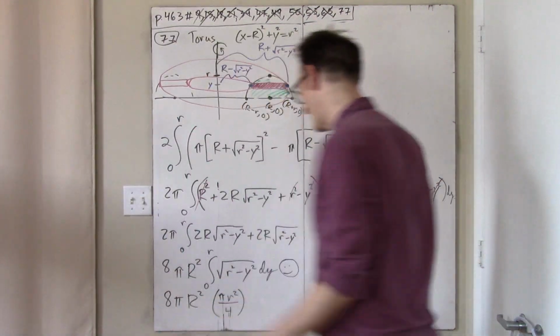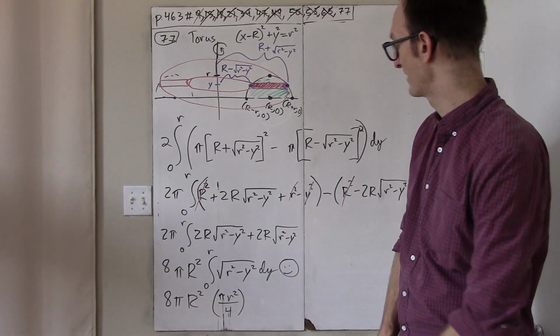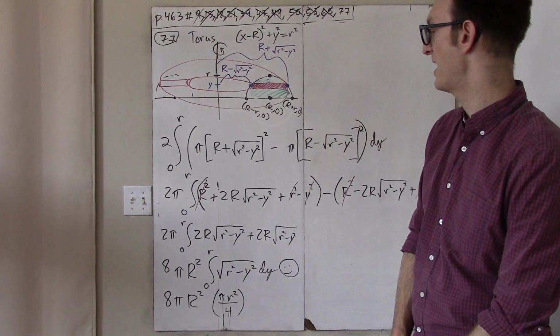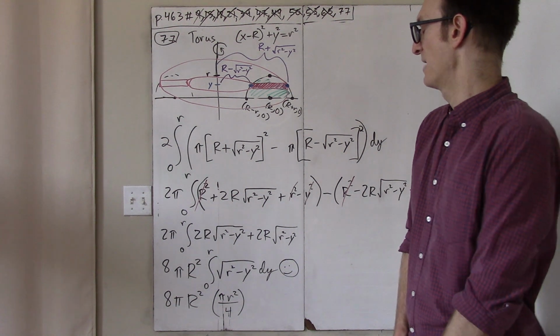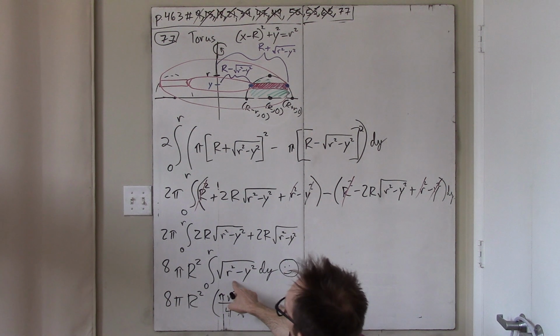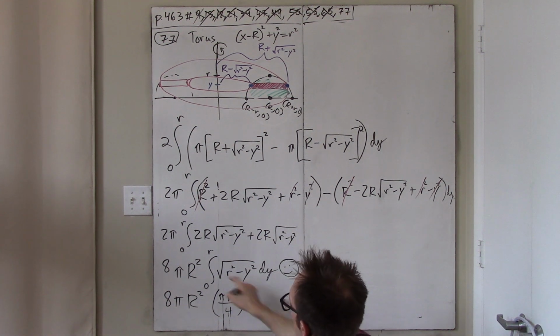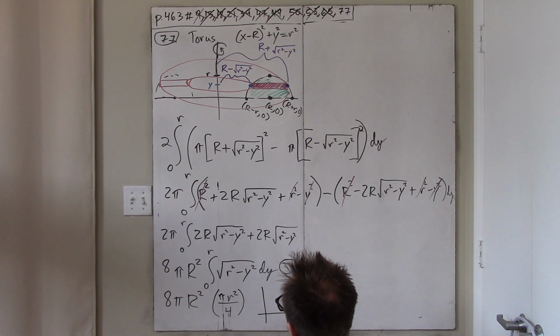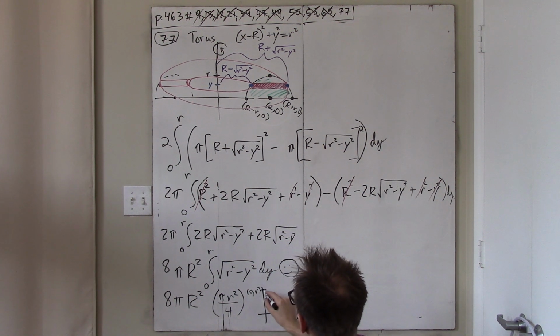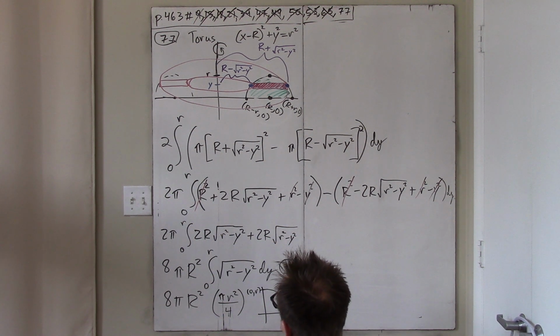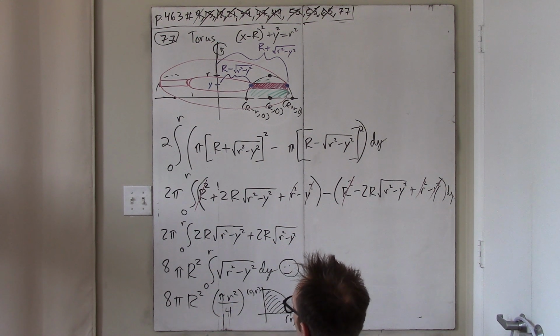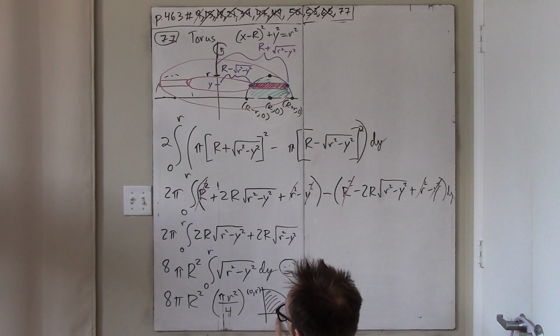Okay, so my final answer to this problem is, well, if you didn't understand this because you didn't watch the previous video, this integral from 0 to r, if you take a semicircle, that's just the area of a quarter circle of radius r.